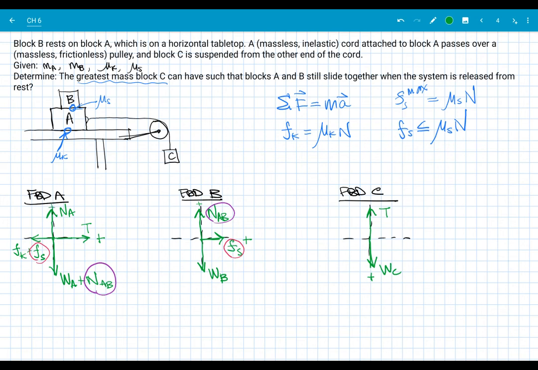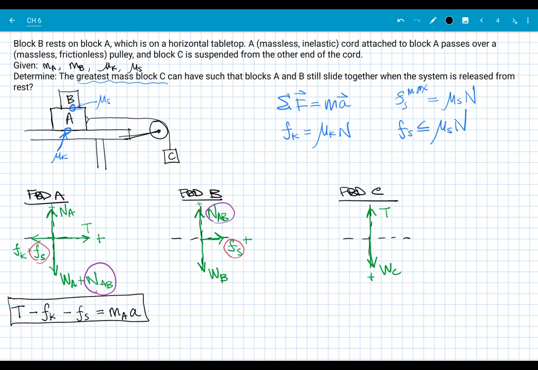And with our free body diagrams complete, we're now ready to apply Newton's second law and render some equations here. So I'll start with free body diagram A, and I'll start with the x-axis as I usually do. So tension minus F sub k minus F sub s equals mass of A times its acceleration.